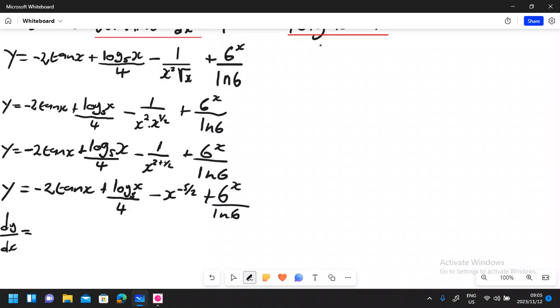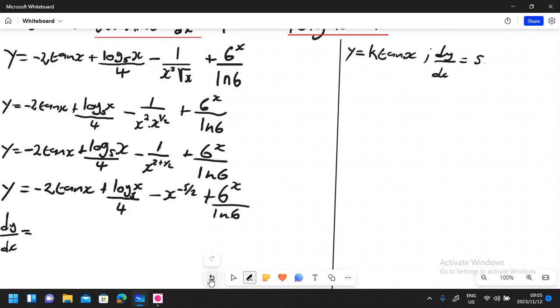When we write the derivative of this trigonometric function, it's going to be like this. y is equal to k tan x, and we do not have an x coefficient, so we're just going to write x. Then dy over dx is going to be k sec squared.